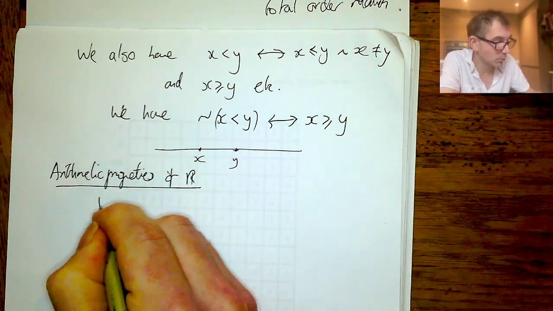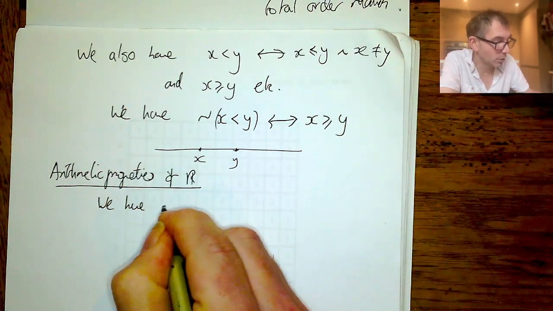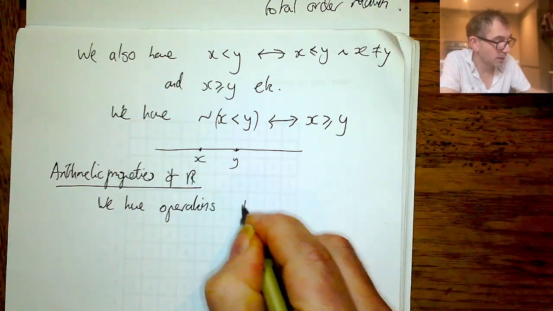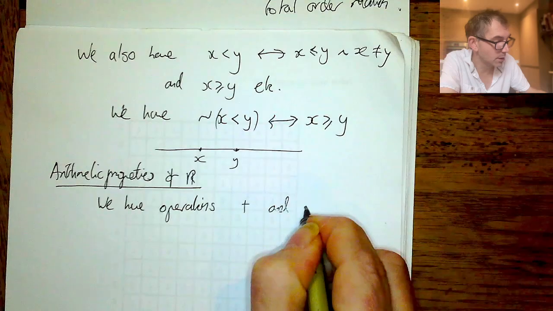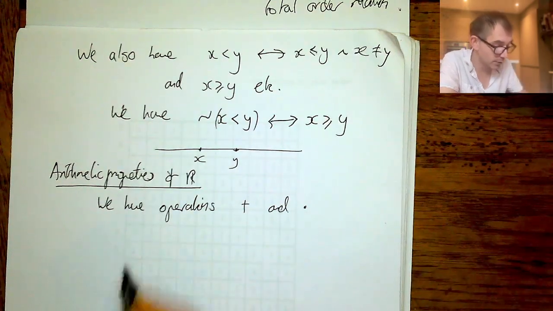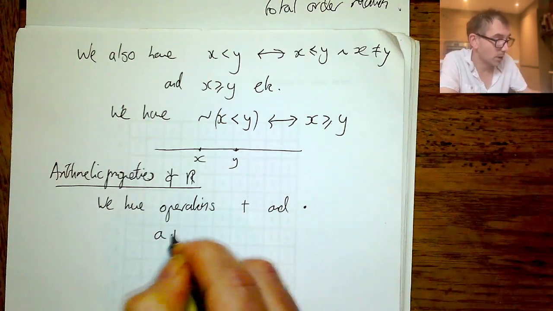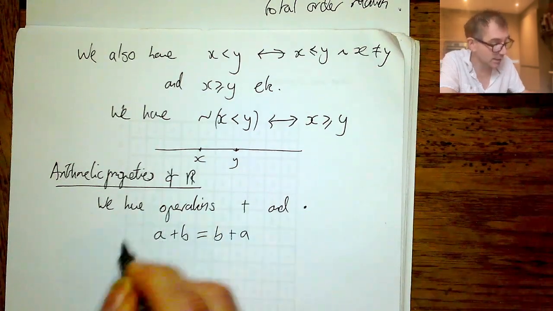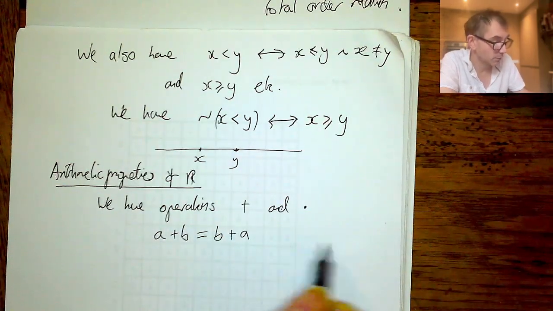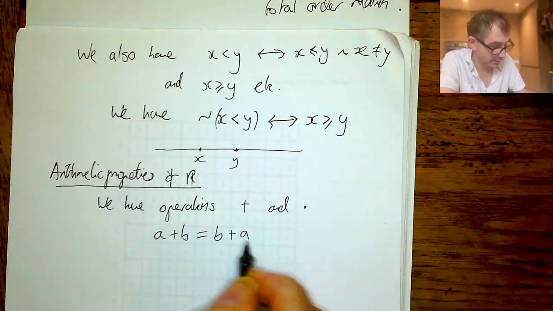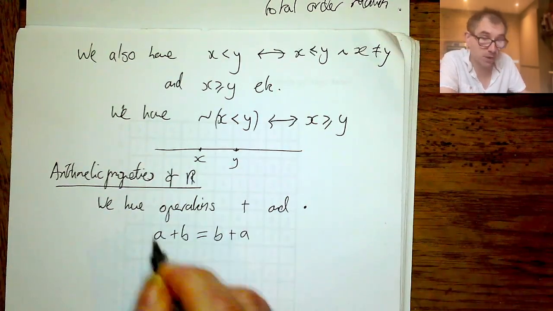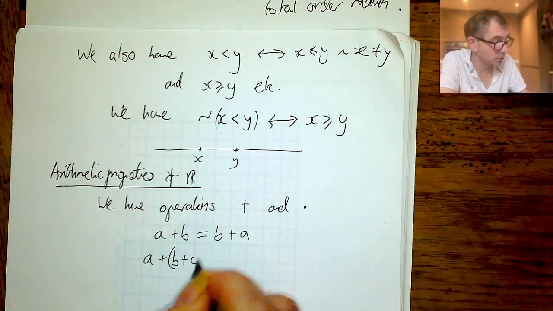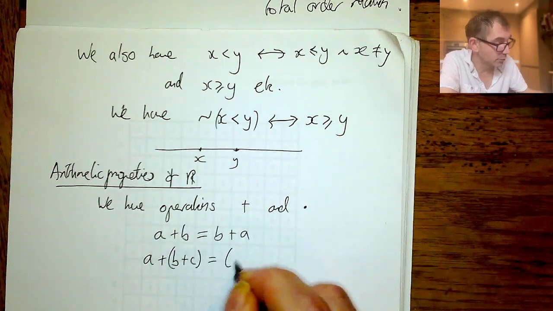So we have operations plus and times, and well, if I take A plus B, that's the same as B plus A. I'm not going to write down what these are called, but you've seen some of them before. This is commutativity. We saw that with Boolean algebra.